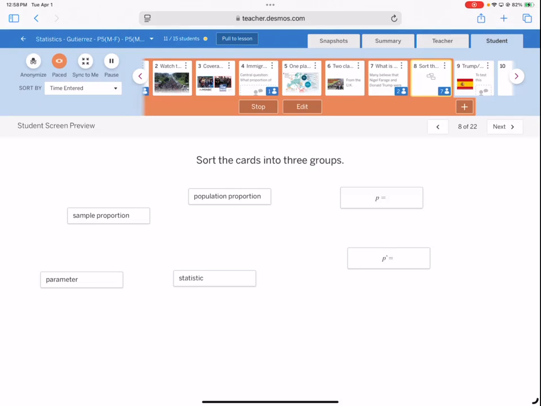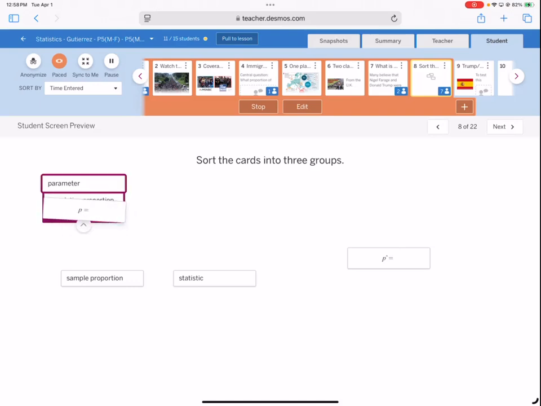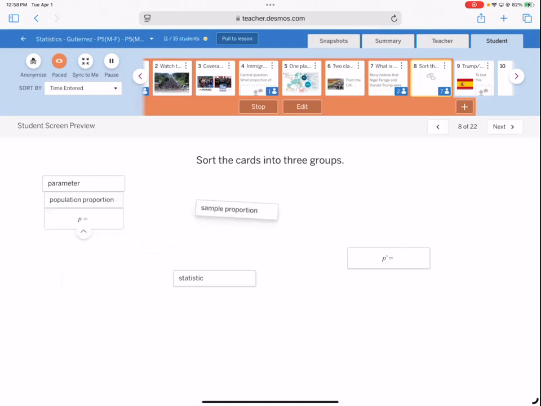So the population parameter is the population proportion, which is the letter P, and the sample statistic that we are studying is the sample proportion, which is P hat.